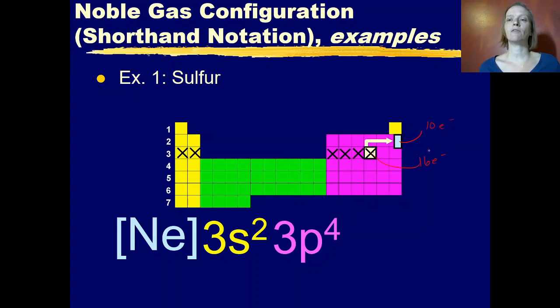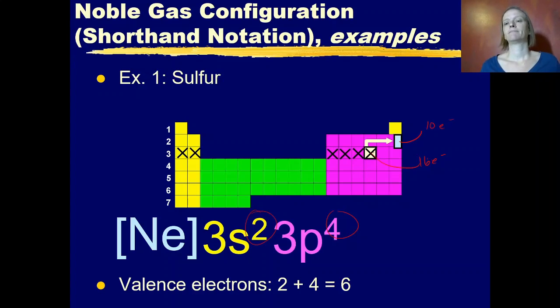Therefore, 16 minus 10 is 6 electrons. I should have 6 electrons in this electron configuration, and I do. And in fact, because those are all s and p electrons, that's the number of valence electrons that I have. There are no d or f sublevels here to worry about, so just that 2 plus 4 is 6 valence electrons.